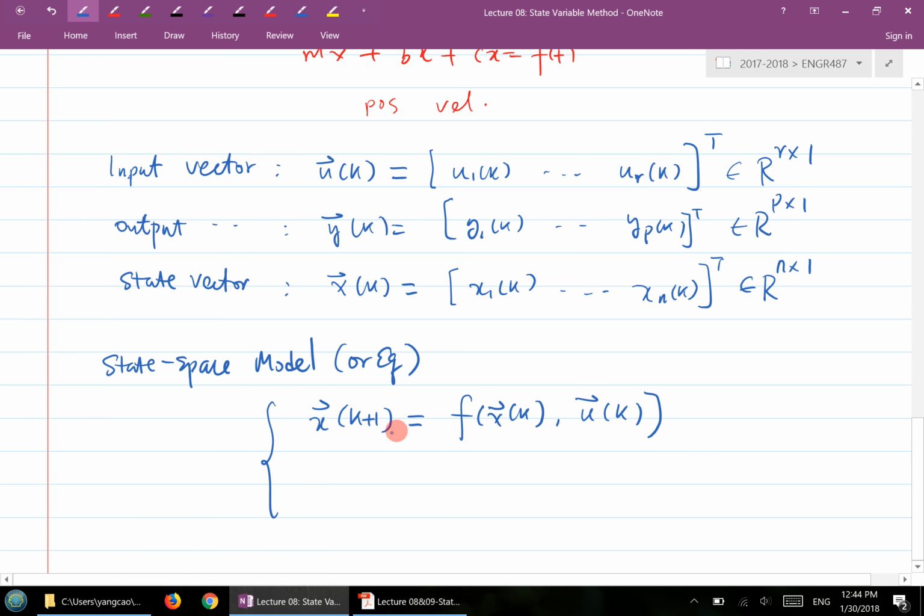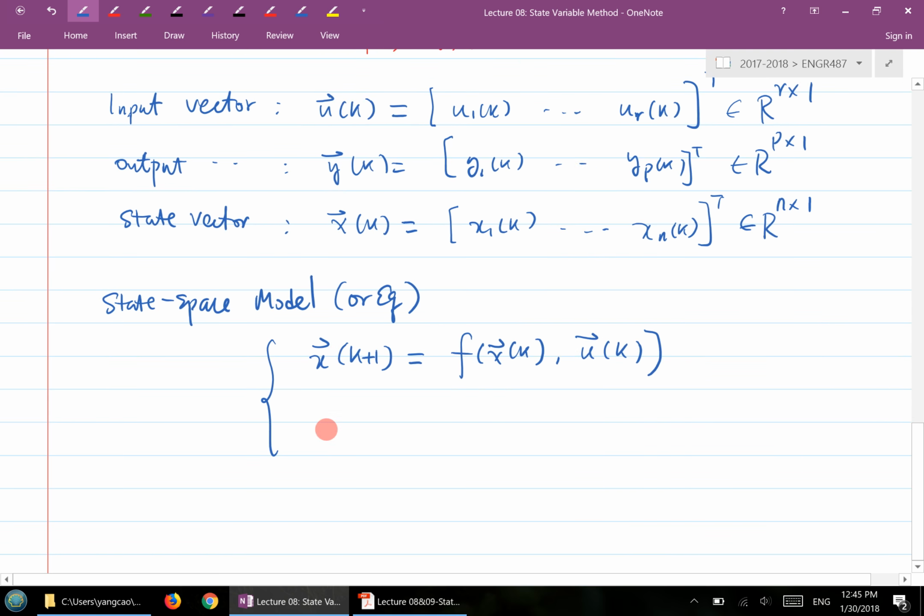So the next state is a function of the current state and the control input to the system. Relating to a continuous system, this side would be x dot, right?